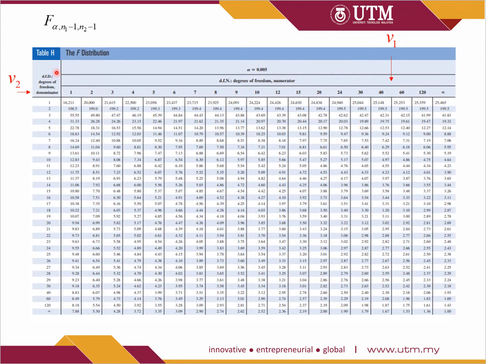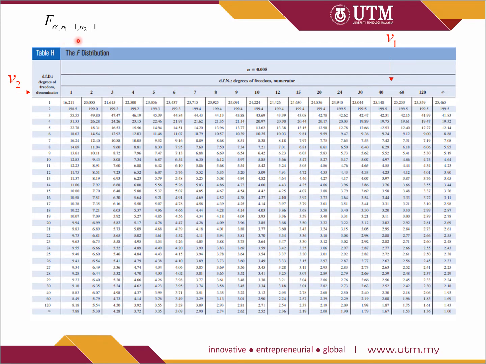So how can we find the critical value from the F distribution? Given the value of alpha, we find it at the top of this column. Here is the table for alpha equals 0.05. Next, we identify n1 minus 1, the degree of freedom for the numerator, normally defined as v1, so v1 equals n1 minus 1.